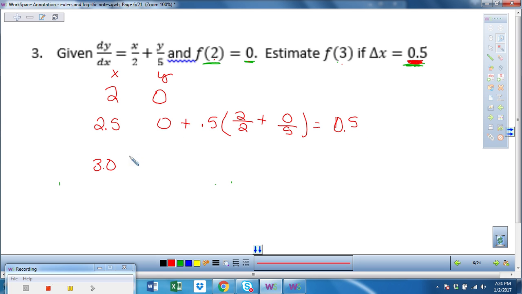Okay, so then I take my previous y, my delta x, and then I use my previous x and my previous y. So my previous x would be 2.5. My previous y is 0.5. And if my math is correct, I think my final answer is 1.175. You can check my math on that.